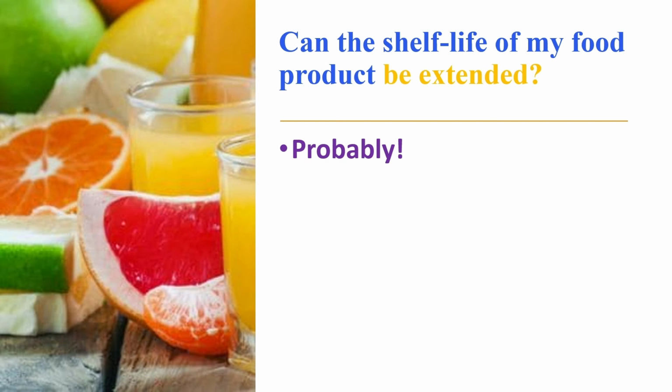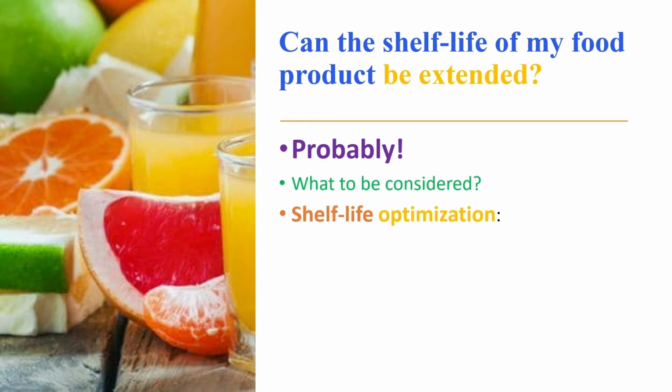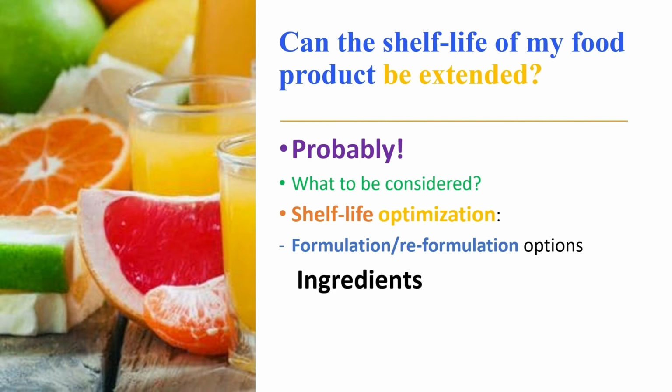Probably. If we're going to consider optimizing the shelf life of the food products, the first one is to reformulate our food products, which involves the ingredients and the preservation methods.